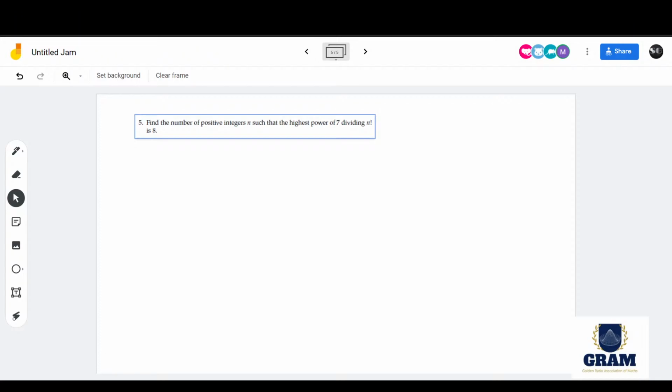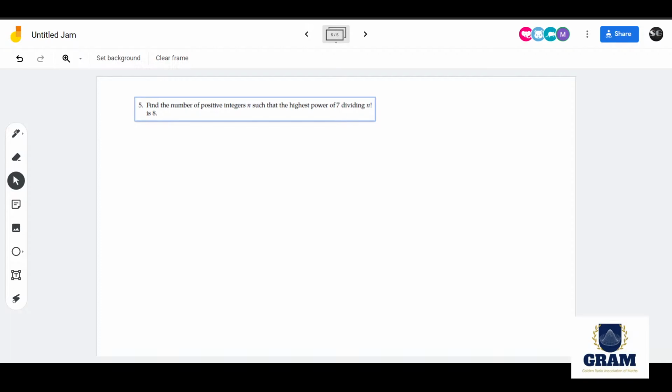So you get a total of 7 values of n: 49, 50, 51, 52, 53, 54 and 55. These are all the 7 values which would have the highest power of 7 as 8. So the answer for problem 5 is 7.